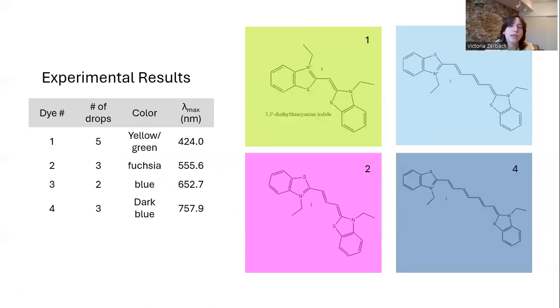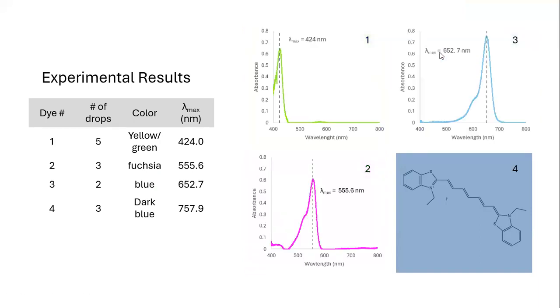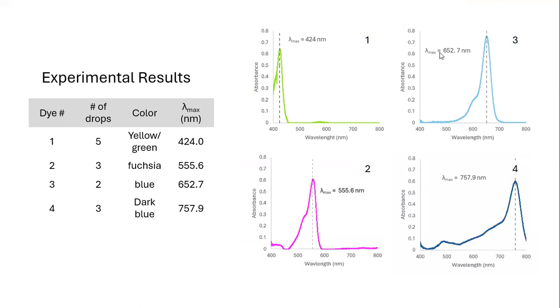For each dye, we collected a spectrum and got the wavelength of maximum absorption. Generally, we saw the trend that we expected to see, that the wavelength would increase with increasing length of the distance between the cyanine moieties in the dye.